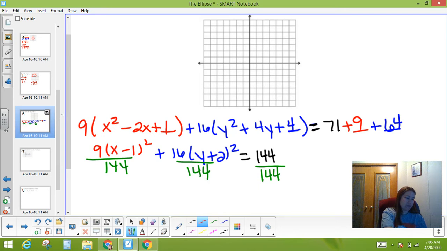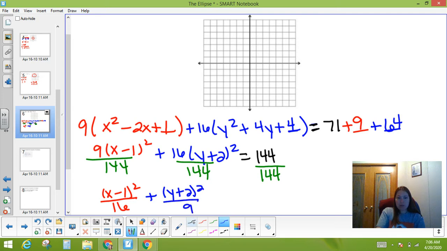Let me double check that because in my brain it is, yes. Okay, so 9 goes into 144 16 times. So we get x minus 1 squared over 16. So 16 goes into 144 9 times. So we get y plus 2 squared over 9 and equal to 1.